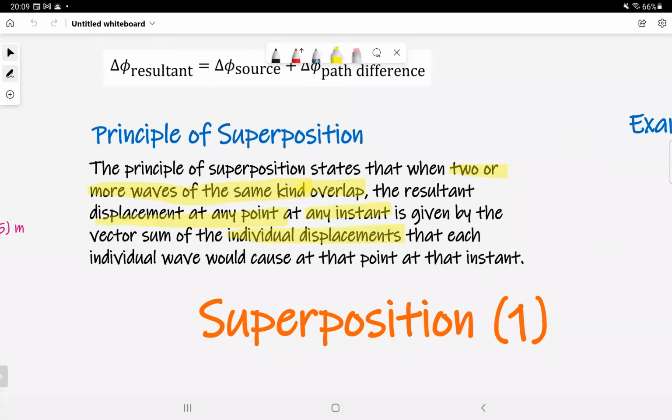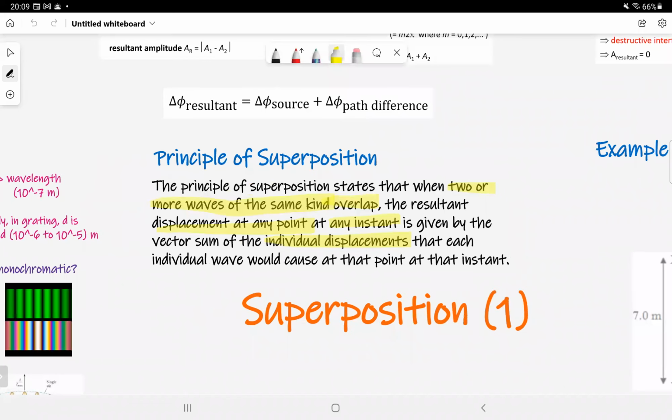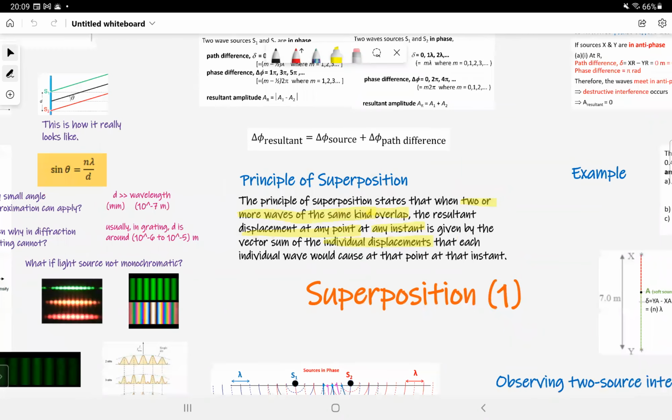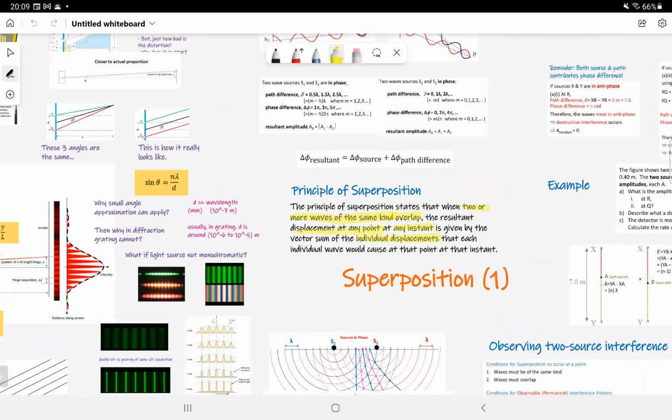Okay. Let's go on. The superposition. Let's zoom out so that we have an overview. Today, we are just doing a portion of superposition, which is two source. Under this subset, there's an item inside called double slit, and part of the double slit problem is also related to diffraction grating.